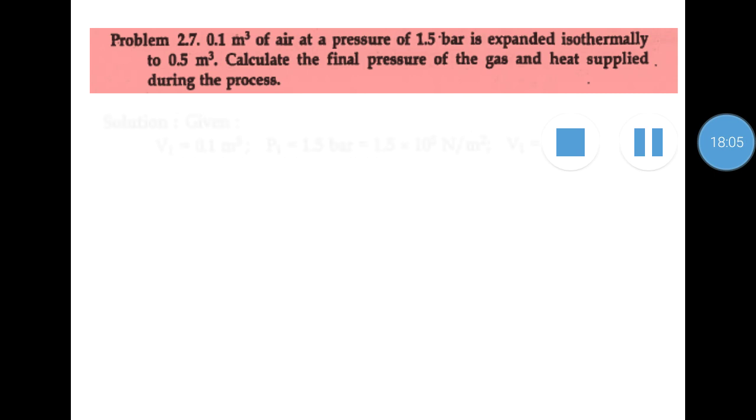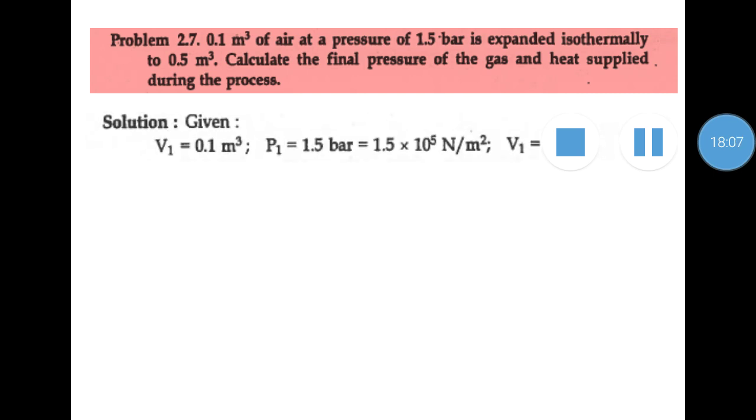So the given data: V1 is equal to 0.1 meter cube, P1 is equal to 1.5 bar, which we have to convert into 1.5 into 10 raised to 5 Newton per meter square, and V2 is equal to 0.5 meter cube.